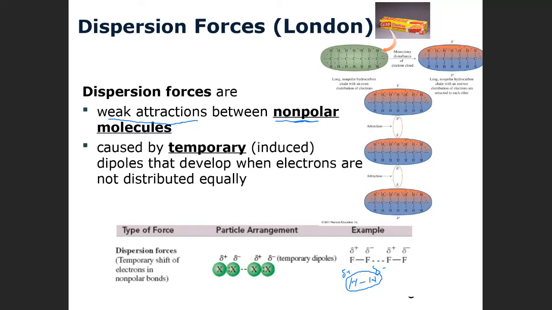So there will be attraction between the molecules, but this intermolecular force is called dispersion force or London force, and it is very, very weak. So the London forces occur between the non-polar molecules.